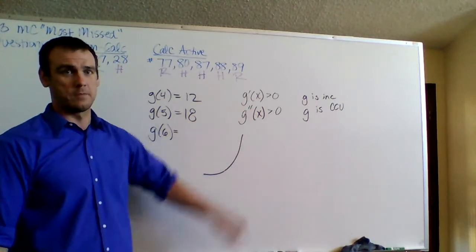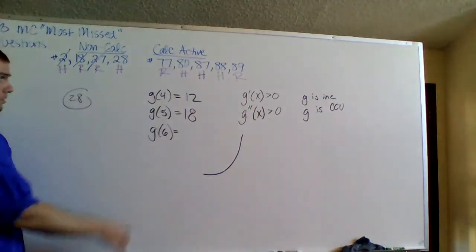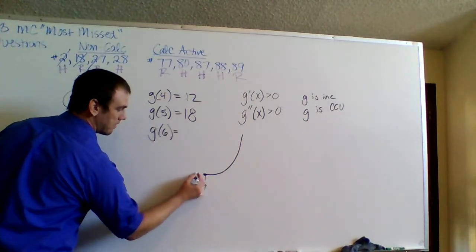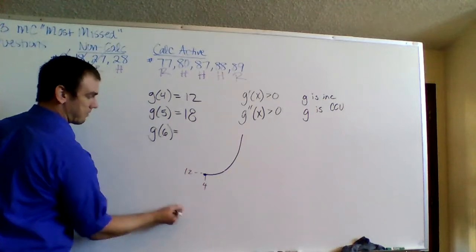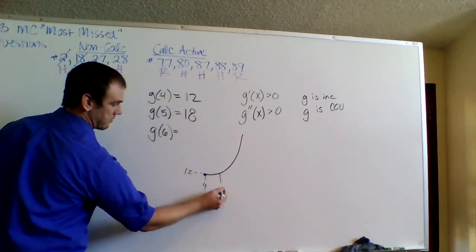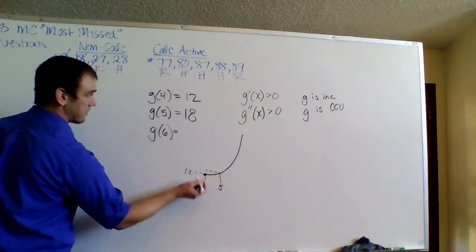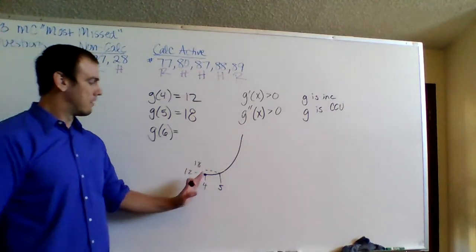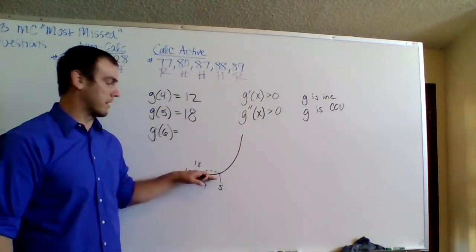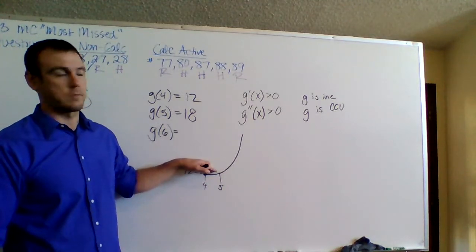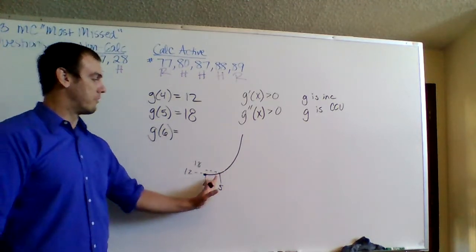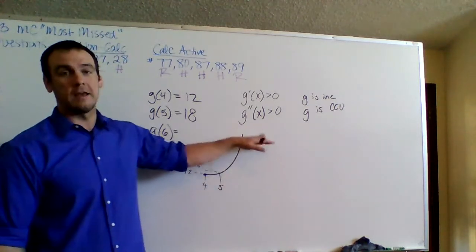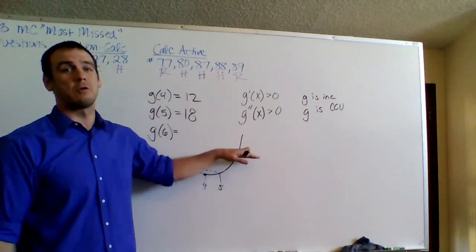So if here we're at 4, we'll say that's going to be 12. My next one, at 5, is 18. Really think about what's happening. We go over 1 and we're going up by 6. So if we go over 1 more, if we are increasing and concave up, we need to be going up by more than that same amount.